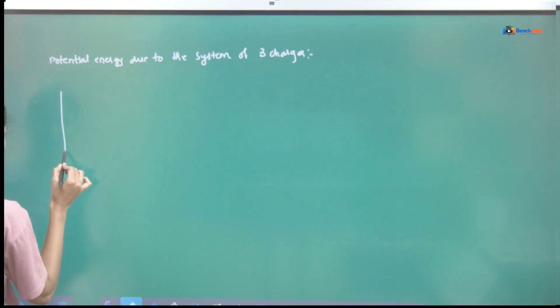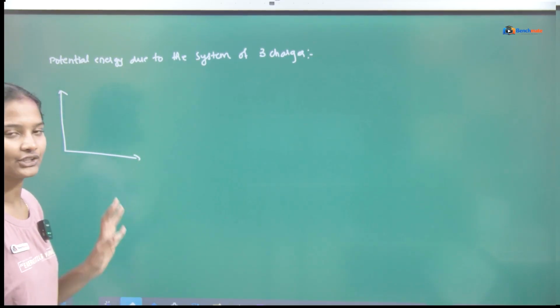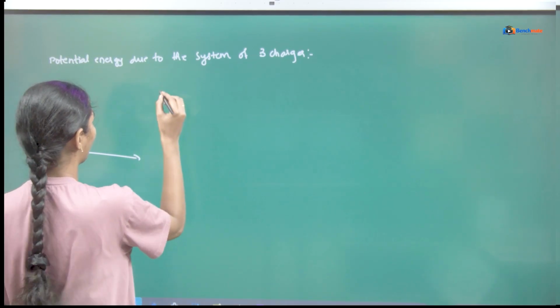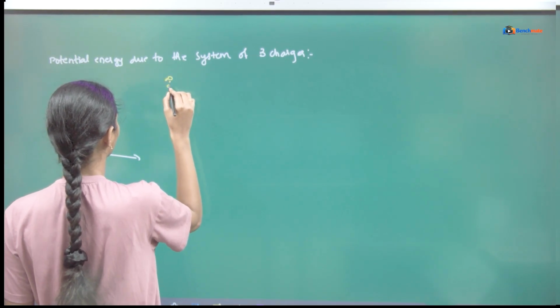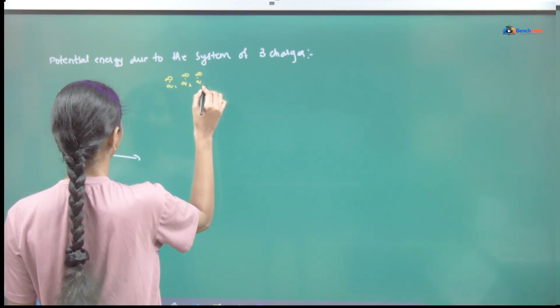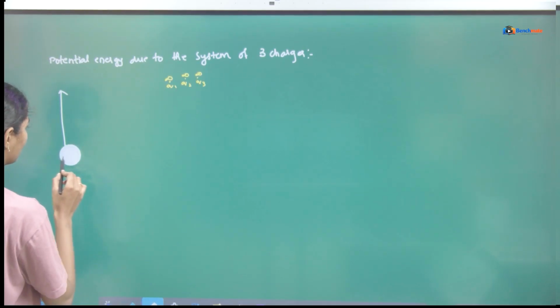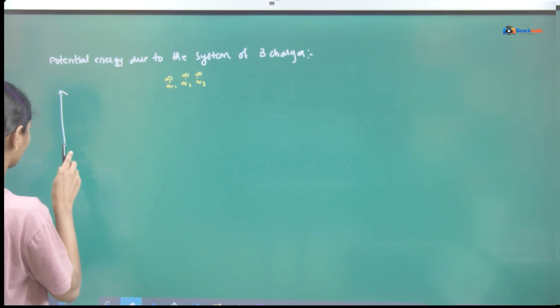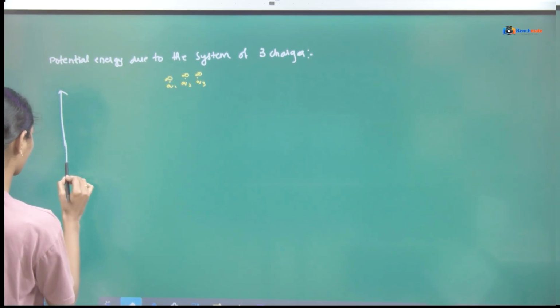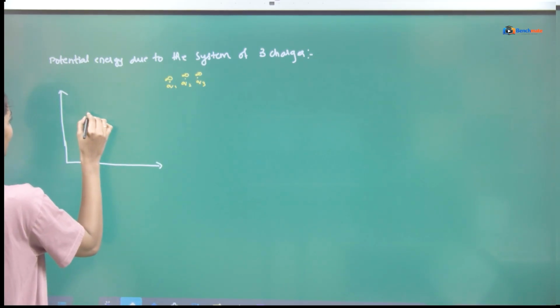So here, consider the diagram. Initially, three charges are there, all at infinity: Q1, Q2, Q3. First, I want to bring the Q1 charge to this point.